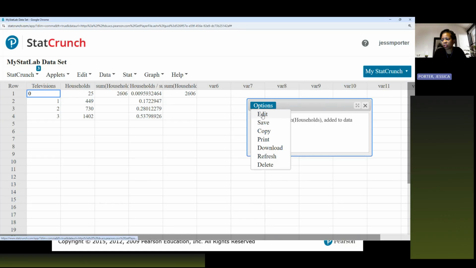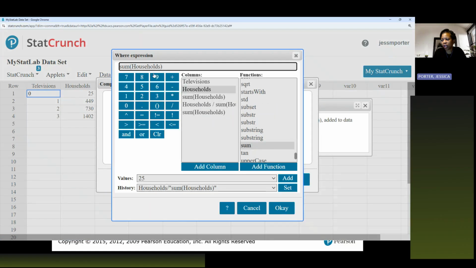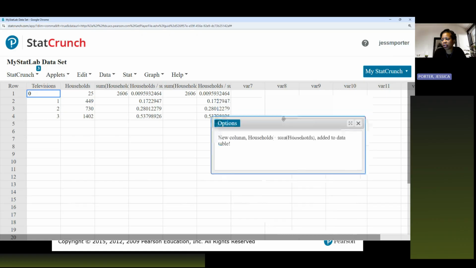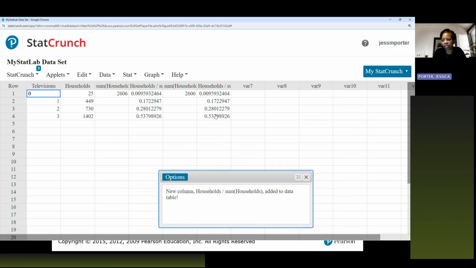Then I can go back to my build function, and I want households divided by the sum of households, and then okay, and then compute. And there it gives me my relative frequencies. Now, this is a different set of data. I was just using the data that we had in here. But yeah, it's totally doable in StatCrunch.